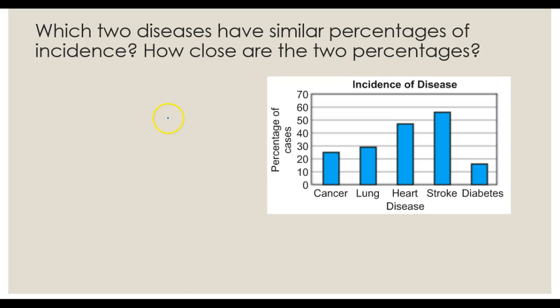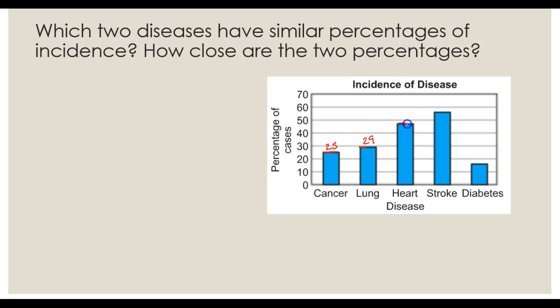Okay, which 2 diseases have similar percentages of incidence? How close are the 2 percentages? Let's change the pen to red. It's just reading a chart. So you can see here the first one, it's about 25%. And this one is either 30% or just under. We might say that's 29%.